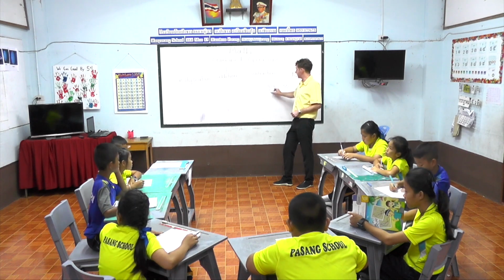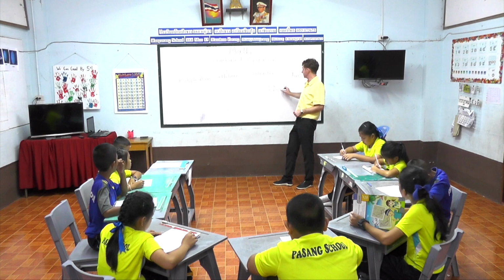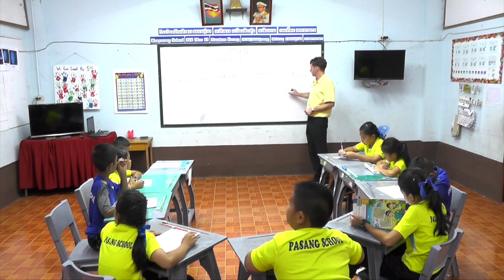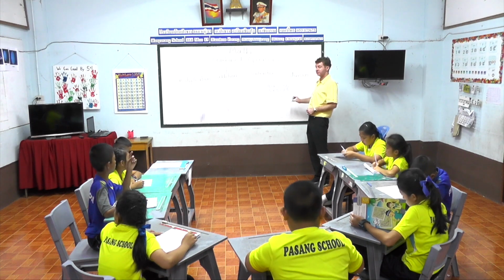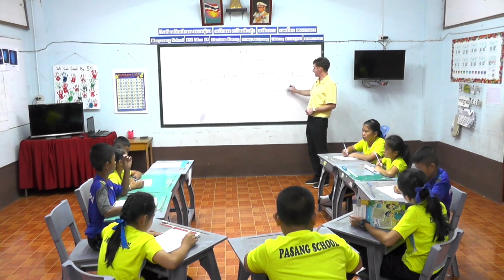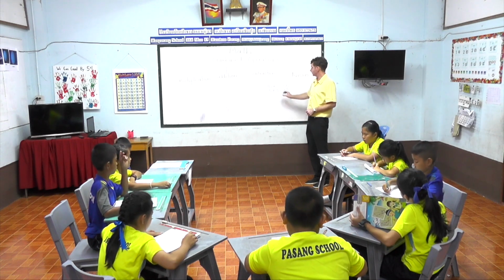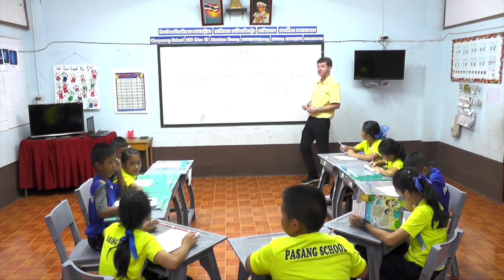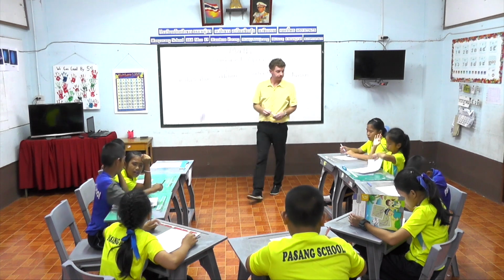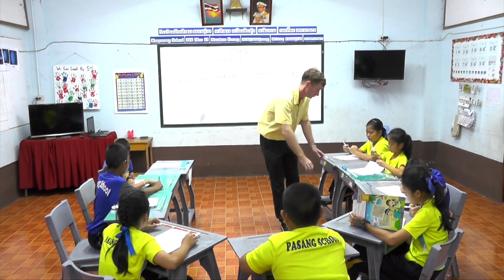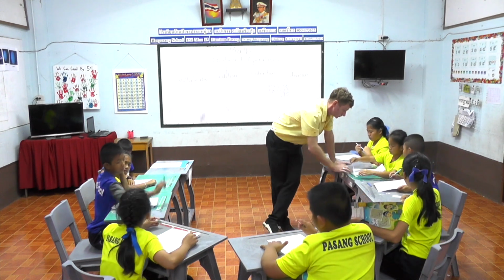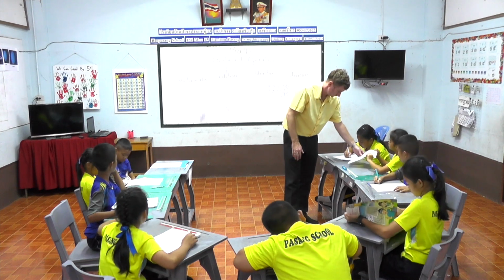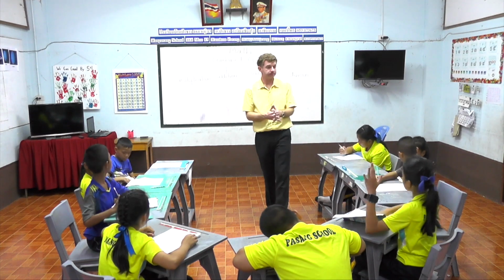So we need another 5 times 5 equals... 0 plus 5. 5 plus 2. So 15 times 5 equals 75. Excellent, Prao. Very well done. Okay?